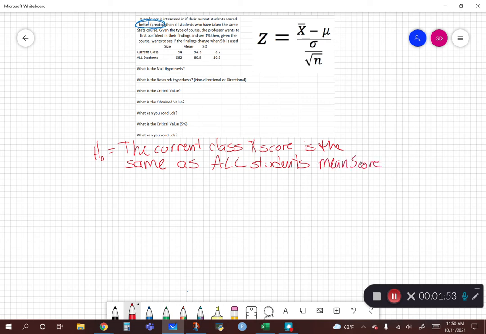Good to go there. And if we switch to our research hypothesis, the key part here is we already see that there is directionality. So we already know that part. So when we write up our research hypothesis, it needs to reflect that directionality.